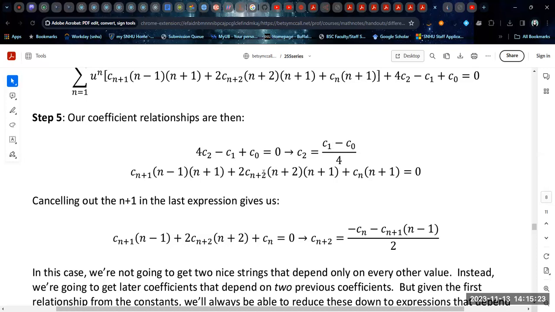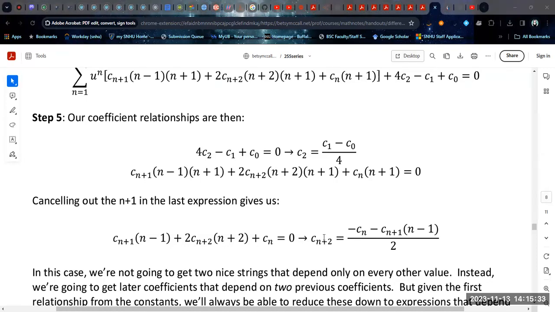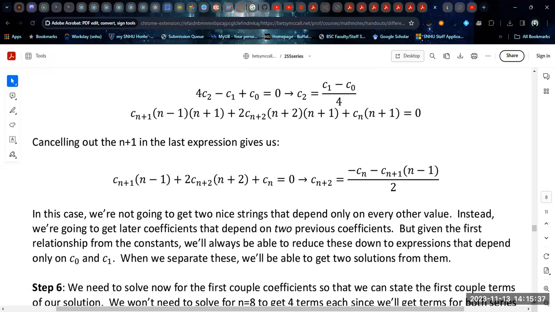And then we get this crazy expression that, again, we try to solve for Cn plus 2, the highest index in our expression. Now, essentially, we have two series here. We're going to get coefficients that depend on C0 and C1, right? So if this is C0, this will be C1.